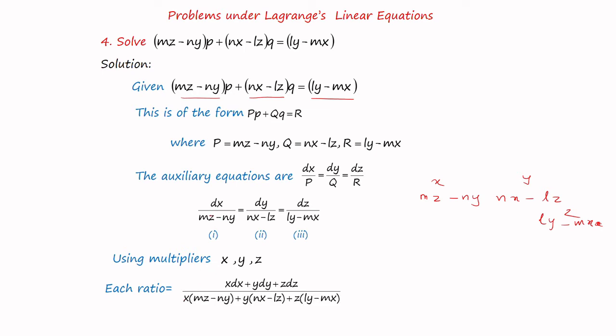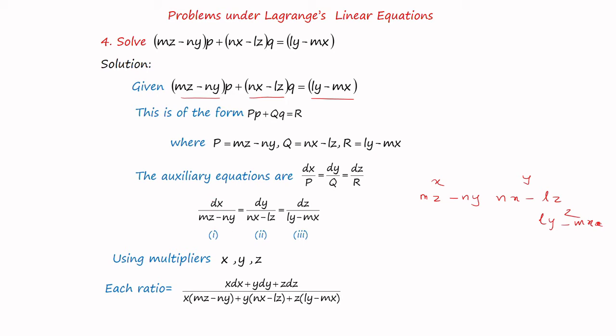The meaning of multipliers is that you multiply the first ratio by x, numerator and denominator, the second ratio by y, numerator as well as denominator, and the third ratio by z, and then you add all the terms, numerator separately and denominator separately.